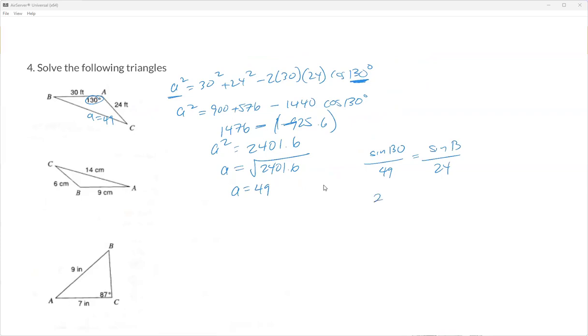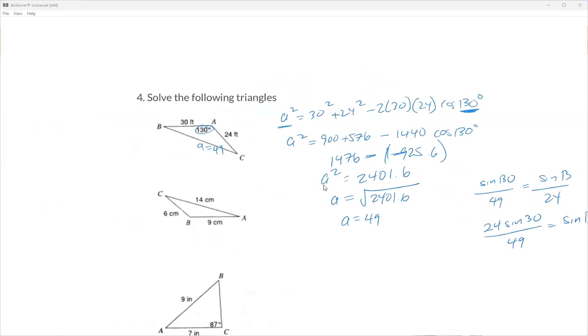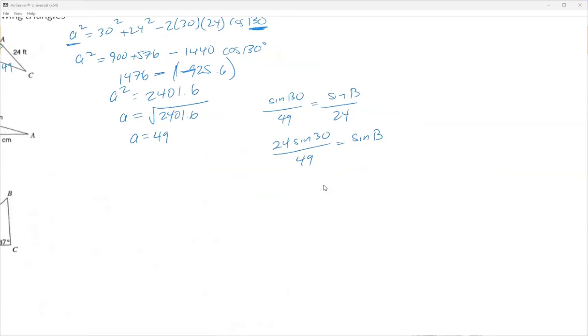So 24 sine 130 divided by 49 is equal to sine B. You see how I kind of skipped a step, but you cross multiply and then you end up dividing by 49. That's why I just went through that. 24 sine 130 divided by 49 is 0.24. Inverse sine of that answer is 14. So angle B is 14 degrees.